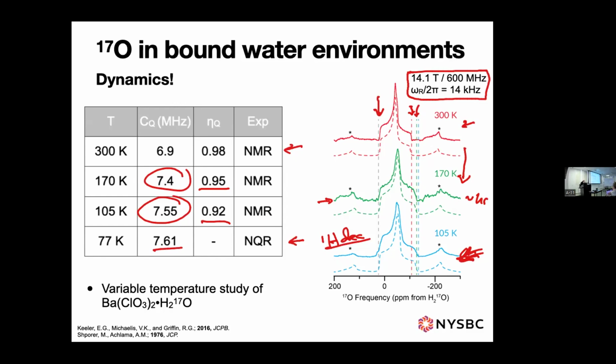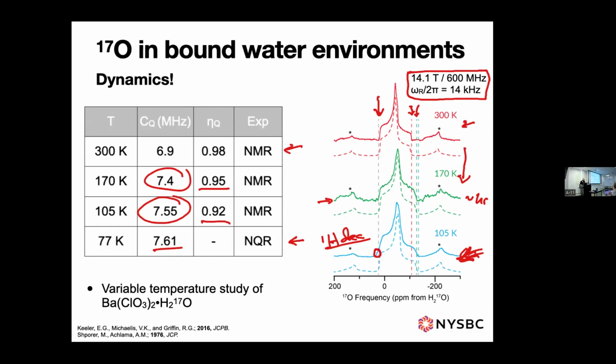In fact, this little tiny hump might be part of one. It's very familiar with this spectrum. It might be the far edge on that side. So some of it is not 100%.